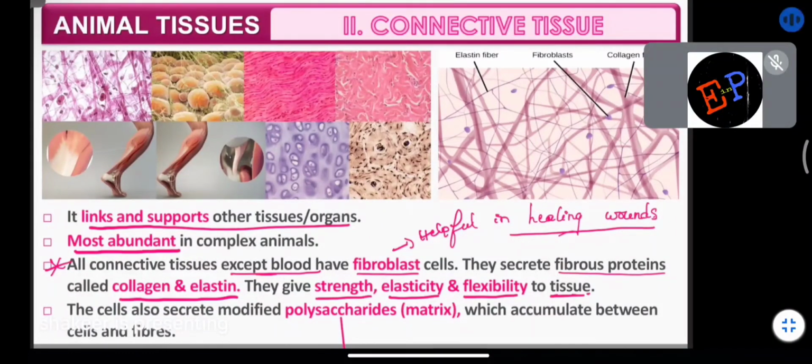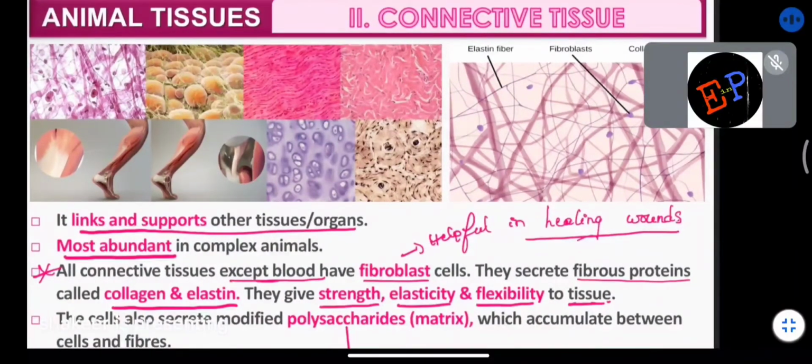Who produces this collagen and elastin? Fibroblast cells produce them. So fibroblast cells are absent in blood, but in all the remaining connective tissues you can find them. Clear? The cells also secrete modified polysaccharides, which is also called matrix, which accumulates between the cells and the fibers.